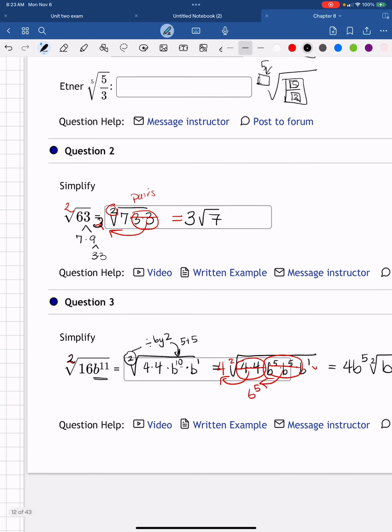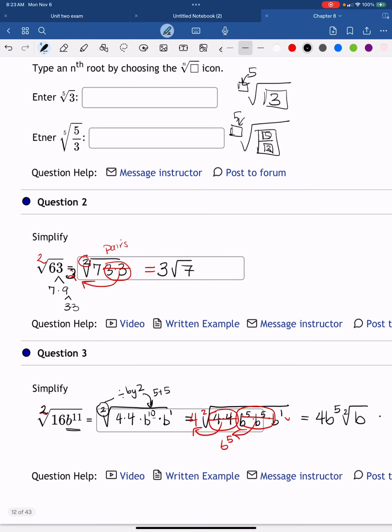If you wanted to go with fractional powers, we could have done that as well. I could use 16 is 2 to the 4th, and we have b to the 11th. And I realize this is the one instance where mixed numbers are useful. Remember, I've told you before, I hate mixed number fractions, but here's the one case where they're useful. So I have the square root of 2 to the 4th, b to the 11th, and that equals 2 to the 4th, b to the 11th, to the 1/2 power.